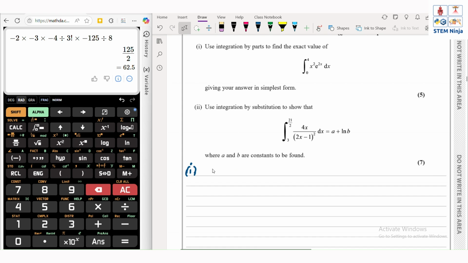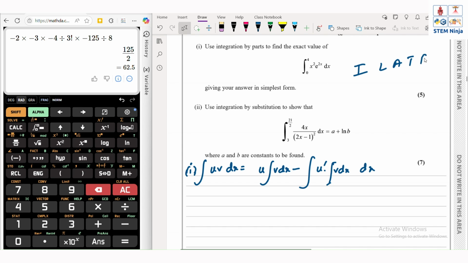So integration by parts, when you have u v dx, we have u integral v dx minus the whole integral of u prime integral v dx, whole dx. Either way, whichever way your teachers or you've seen on YouTube, it would more or less be the same thing.